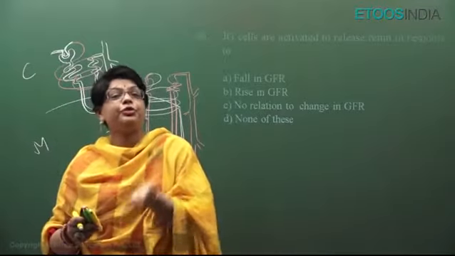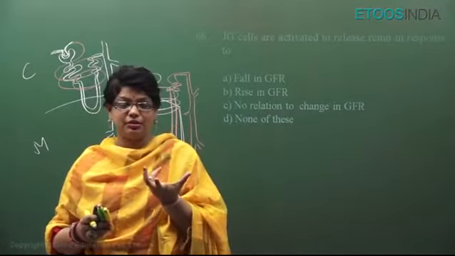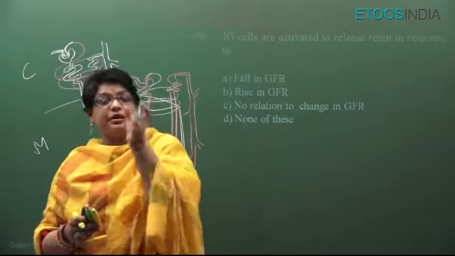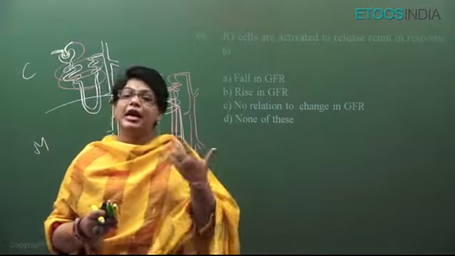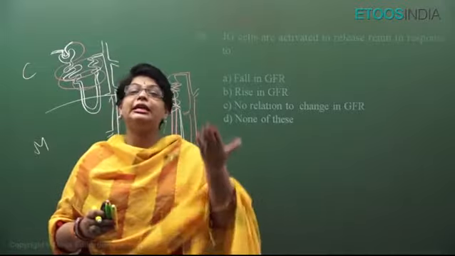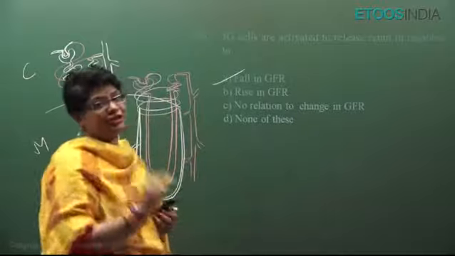That gets converted into angiotensin 2 by the lung alveoli enzyme, angiotensin converting enzyme. This angiotensin 2 is active, and it releases aldosterone from the adrenal cortex. Then there is sodium and water reabsorption, and the blood volume and GFR increase to become normal. So renin is released whenever there is a fall in GFR.